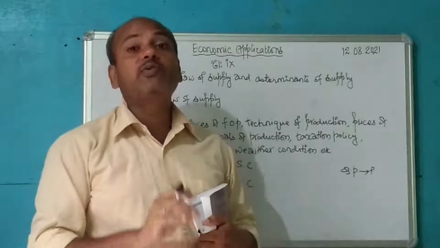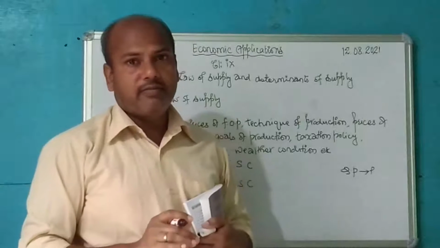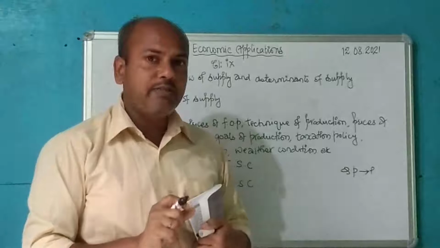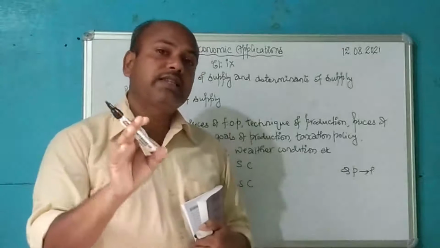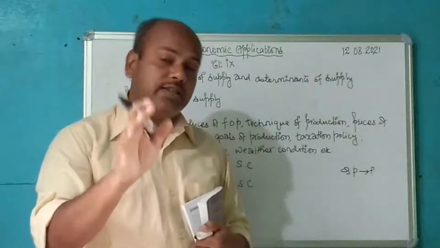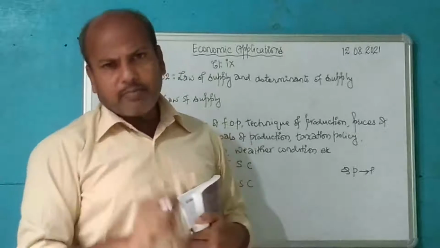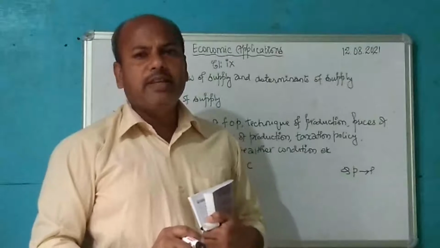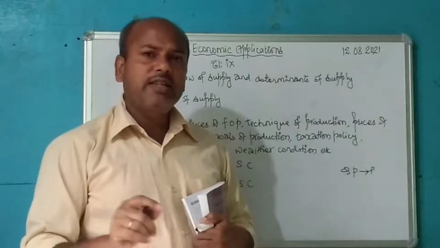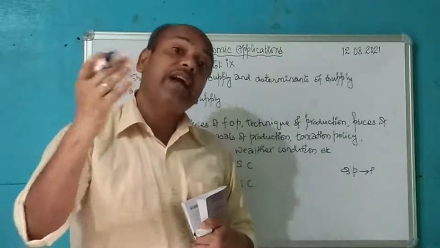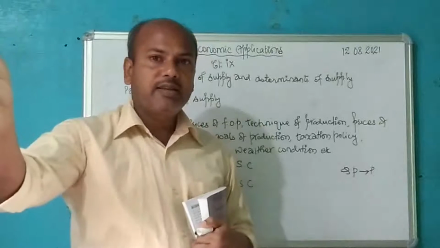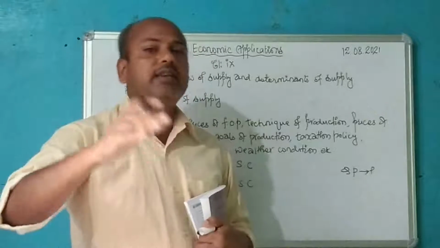There should be a change in no other factor. This is what is meant by other things remaining the same. All other things should not change except the price of the commodity under consideration. So the law of supply states that, other things remaining the same, the quantity produced and offered for sale by a producer will rise at a higher price and will fall at a lower price.